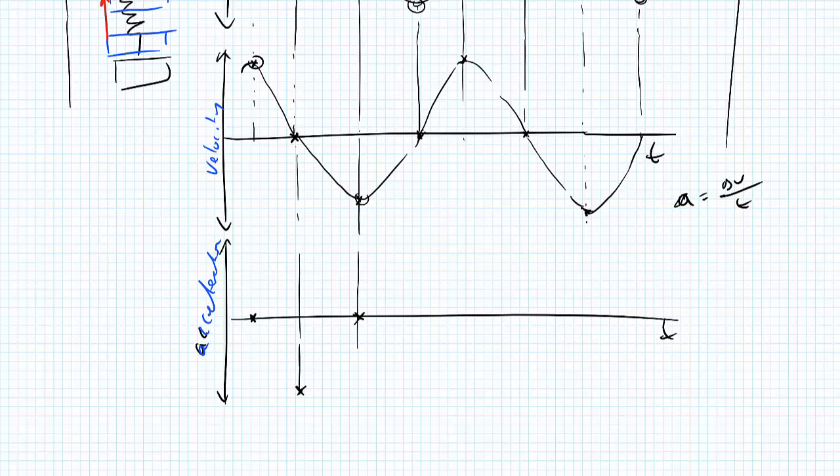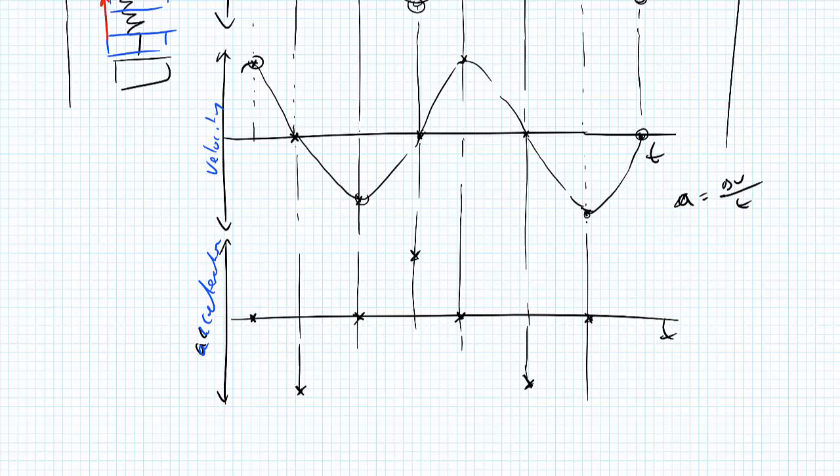Here we have maximum positive gradient, which means that we've got a maximum positive acceleration. Here we have 0 gradient, so that means on the line. Maximum negative gradient, which means negative acceleration. 0 gradient, which means no acceleration. Maximum positive gradient, which means maximum positive acceleration.